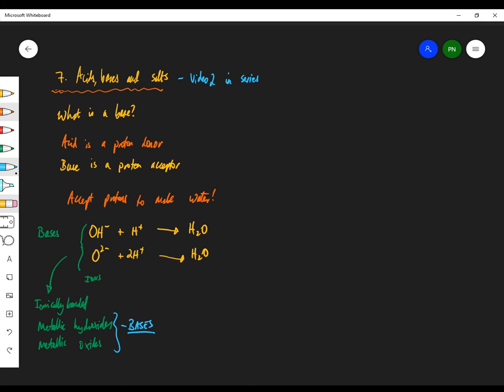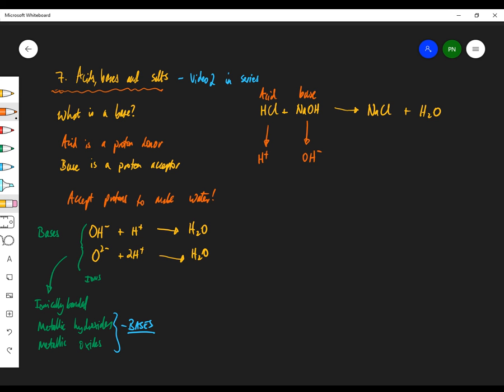Let's have a look at an example, a reaction that we all know and love. Hydrochloric acid plus sodium hydroxide gives us sodium chloride plus water. What's what in this? Well, this thing donates H plus, so it is the acid of the two, and this thing gives an OH. The OH will accept the H from the acid, so this must be our base.